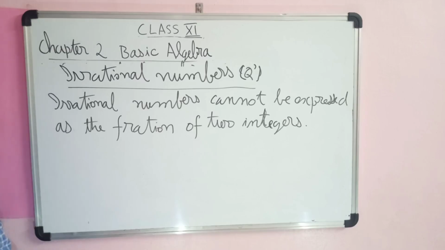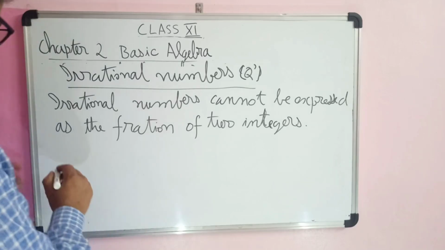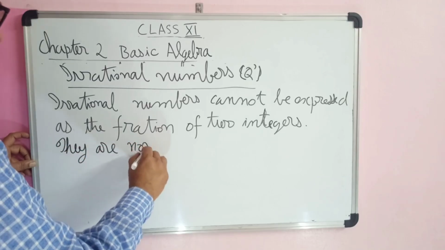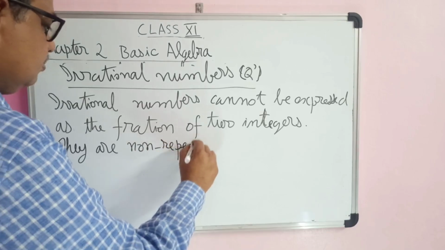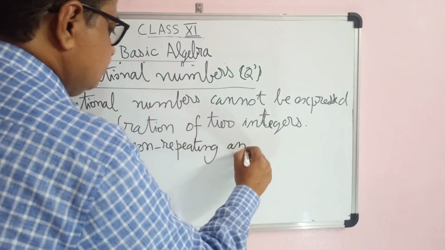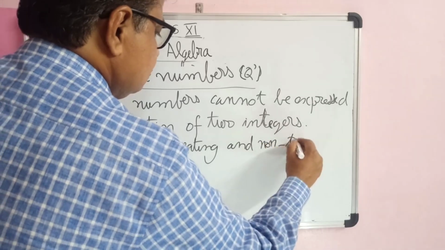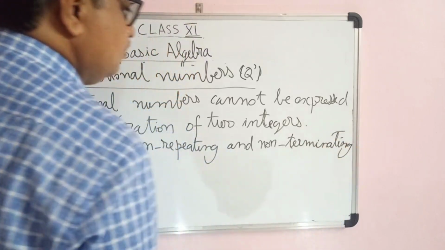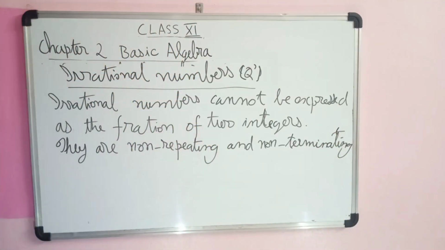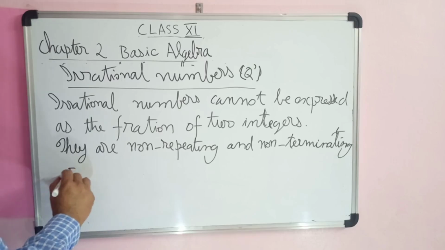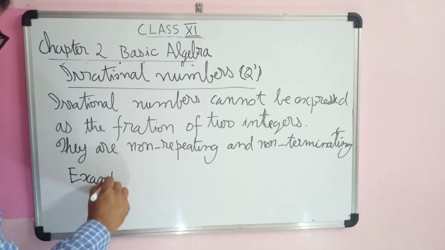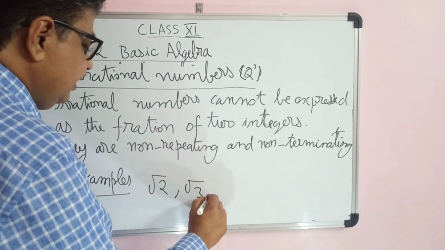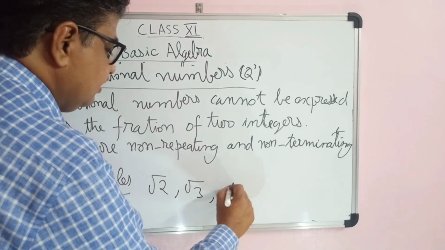They are non-repeating and non-terminating numbers. Examples: root 2, root 3, etc.